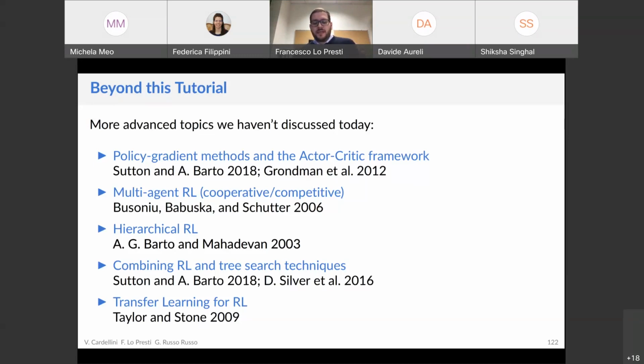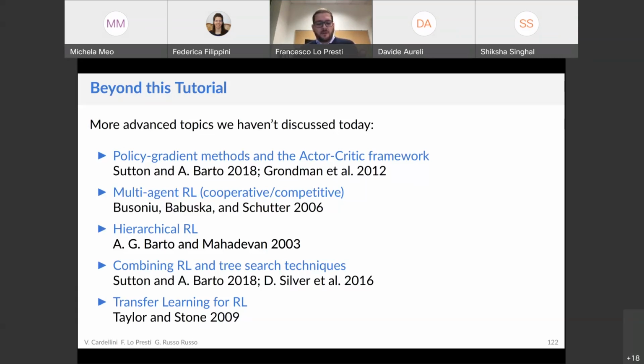Also, to deal with state space explosion, you may combine reinforcement learning and tree search techniques, in which you try to learn the optimal policy for the whole problem, for the whole model, but when you need to pick an action, you also perform a local search around the state you are in at a given moment.